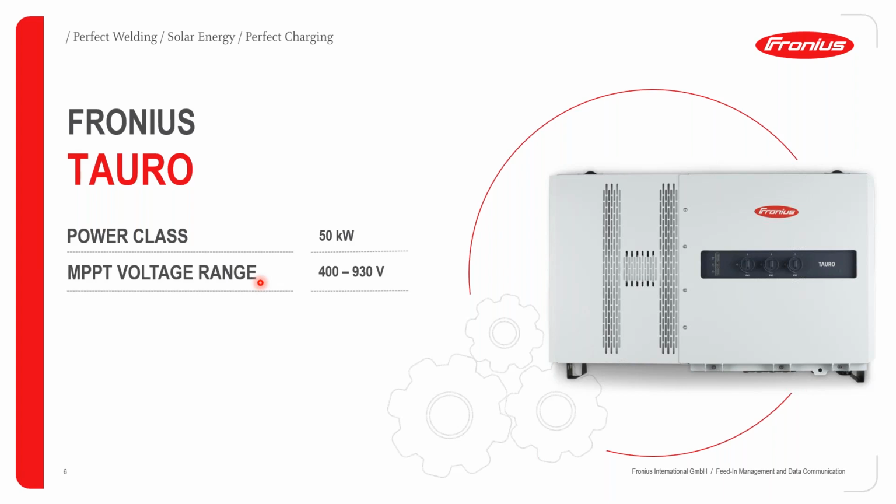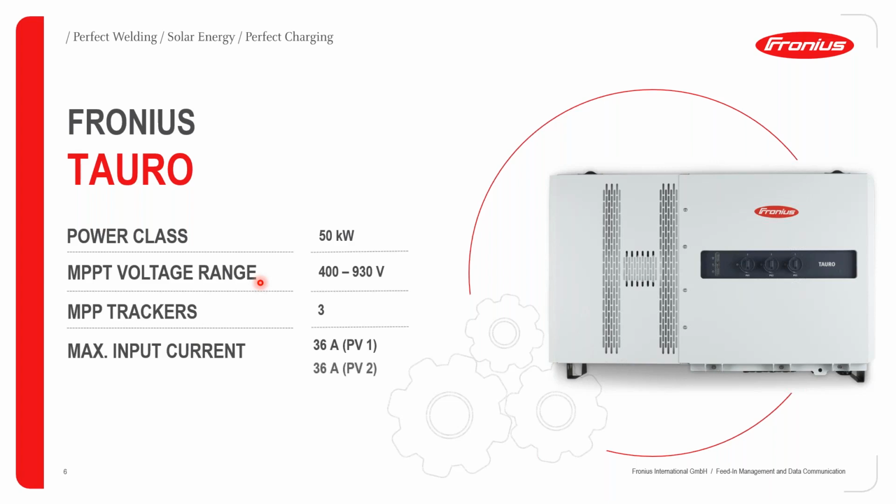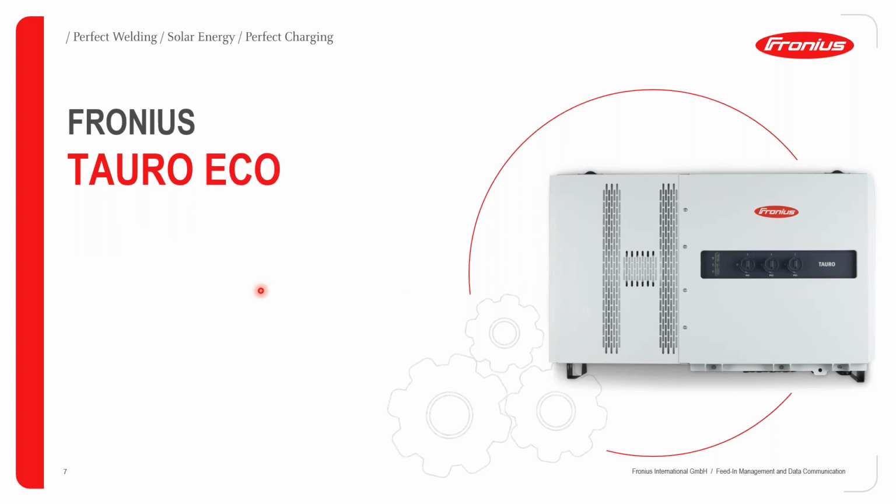The MPPT voltage range is between 400 and 930 volts. It has three MPP trackers, which carry the respective maximum input current of 36 amps for the first two and 72 amps for the third MPPT.